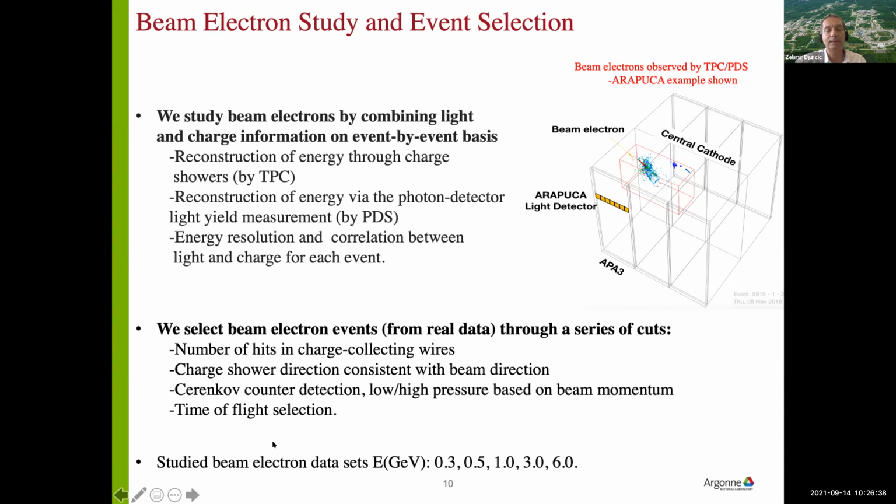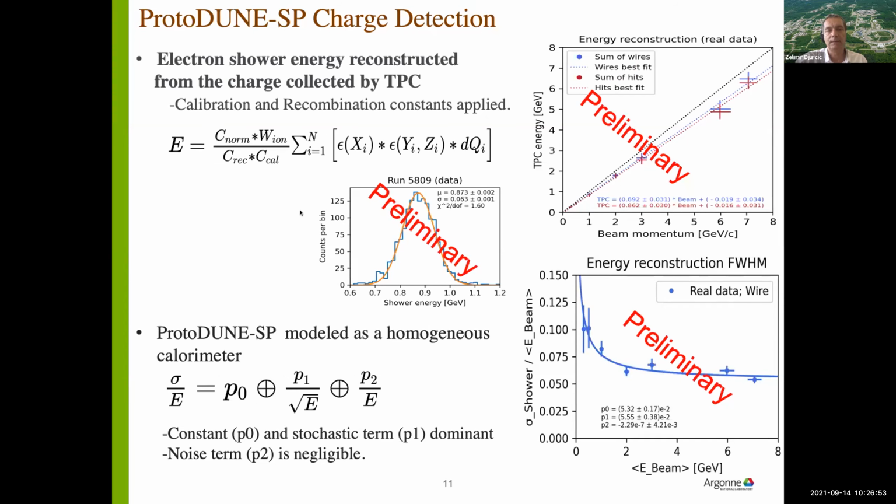And so we studied beam electron data sets where energy is expressed in GeV at 0.3, 0.5, 1, 3, and 6. There's also a 7 GeV data set. And so going to the next slide, this is how we reconstruct the energy from the TPC, from the charge alone. We collect charge by the TPC collection wires.